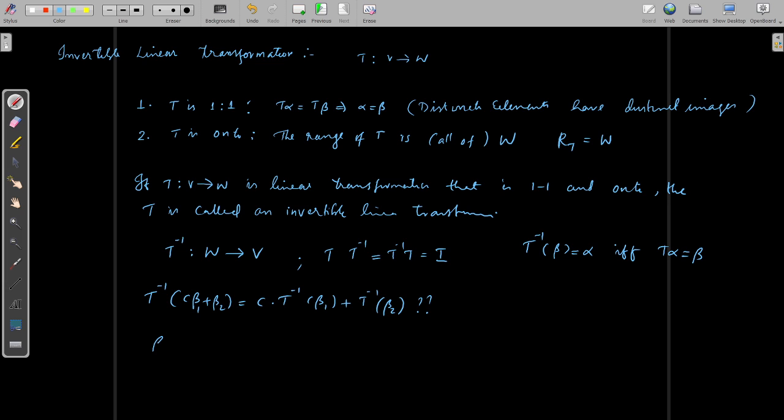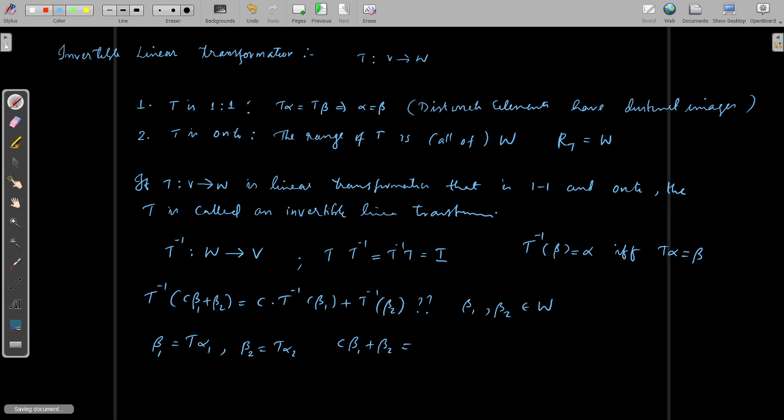This has to be proved by taking beta 1 and beta 2 from W. If beta 1 and beta 2 are elements of W, since T is onto, there exist alpha 1 and alpha 2 belonging to V such that T alpha 1 is equal to beta 1 and T alpha 2 is equal to beta 2. Now, what is c beta 1 plus beta 2?